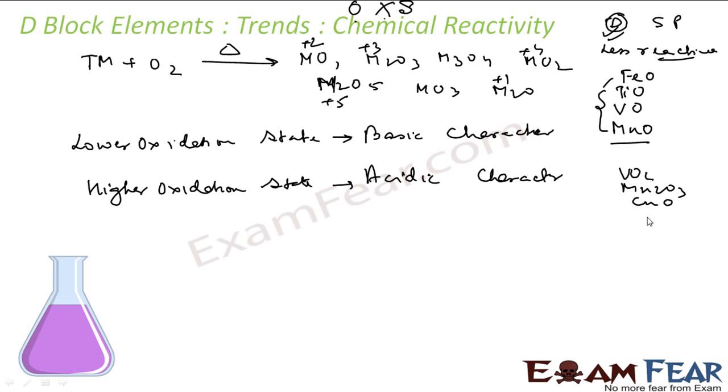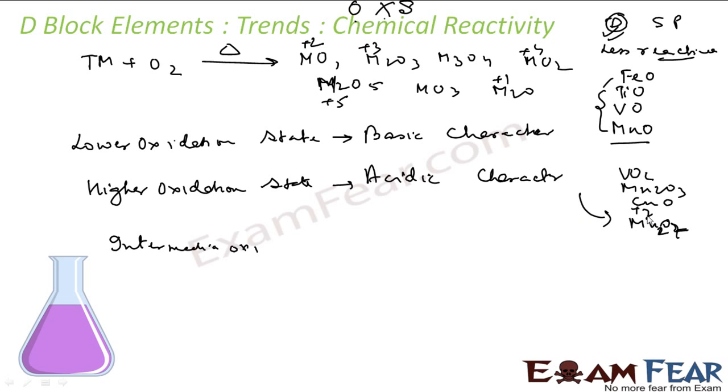If you see, MnO is basic, MnO2 is acidic. And Mn2O7 has a higher oxidation state, +7. This is acidic.